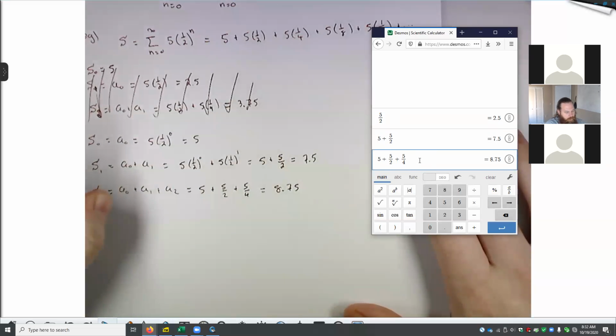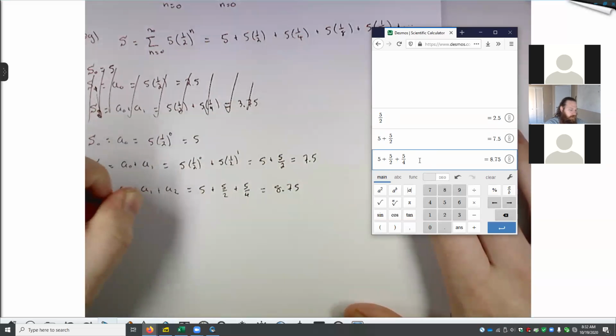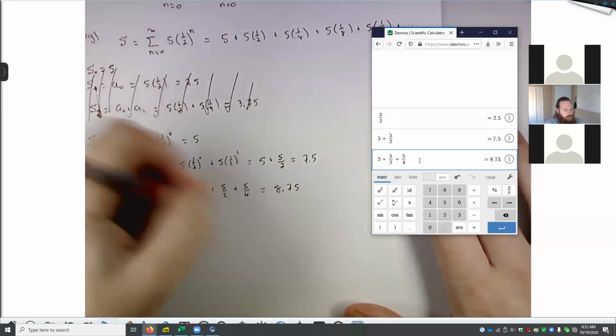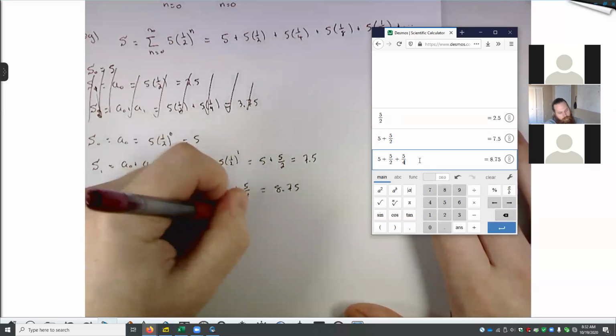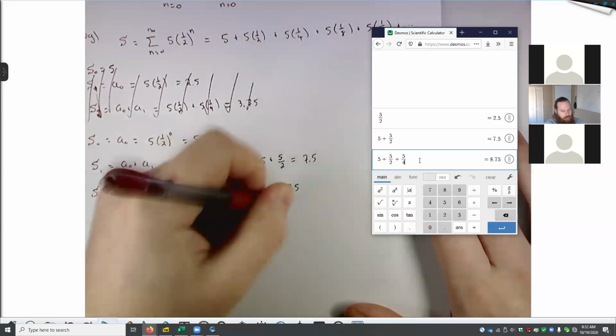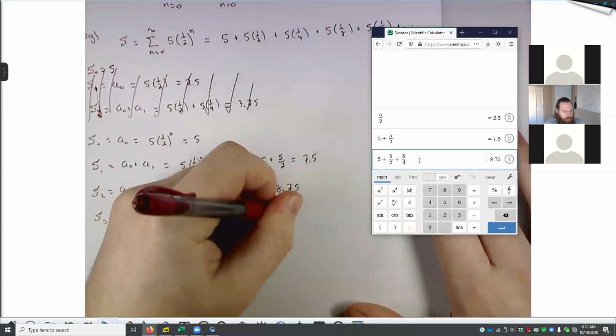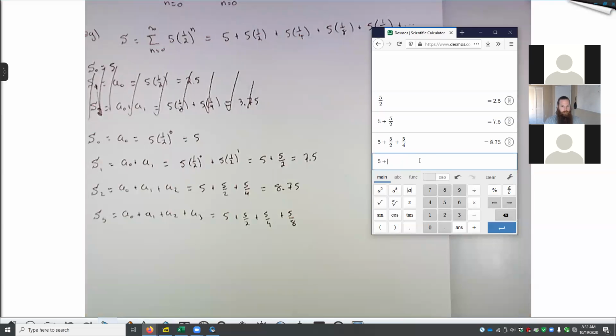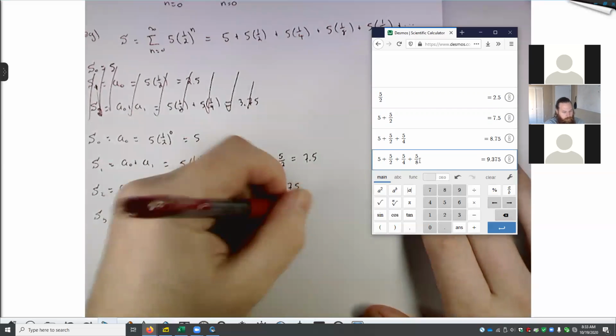S3 is A0 plus A1 plus A2 plus A3, which is 5 plus 5 halves plus 5 fourths plus 5 eighths. And that's 9.375.